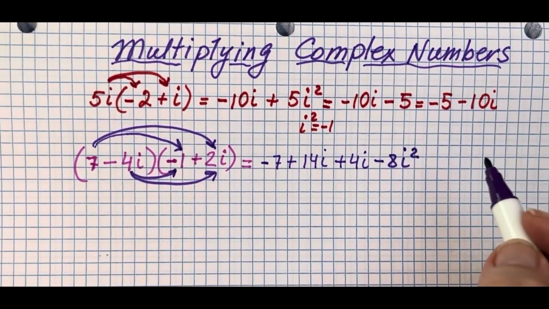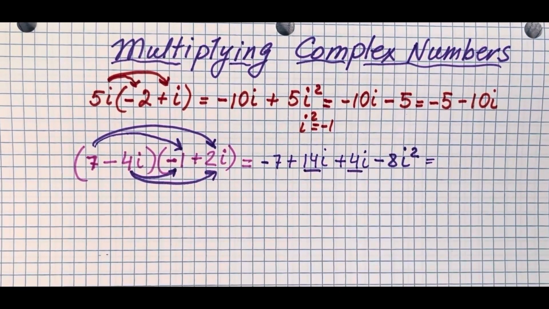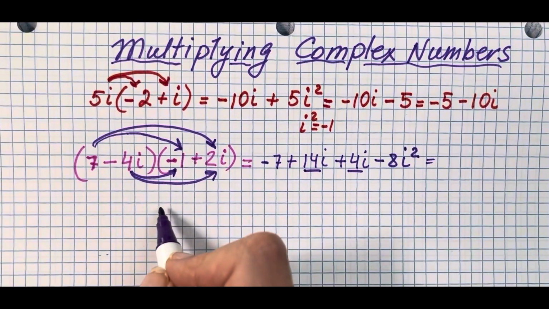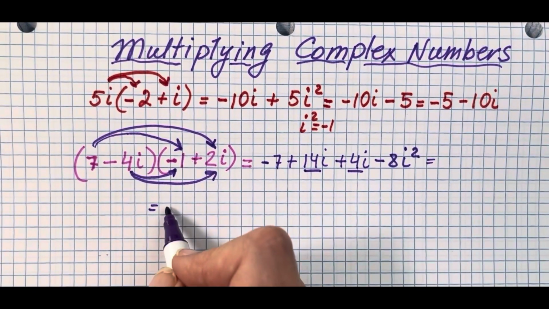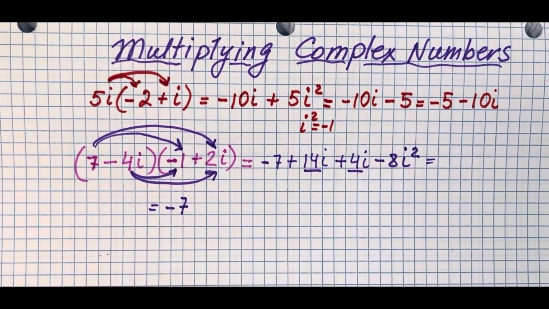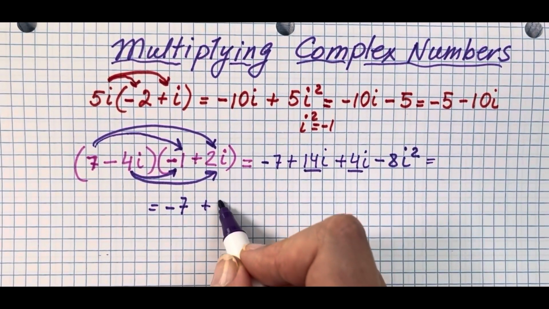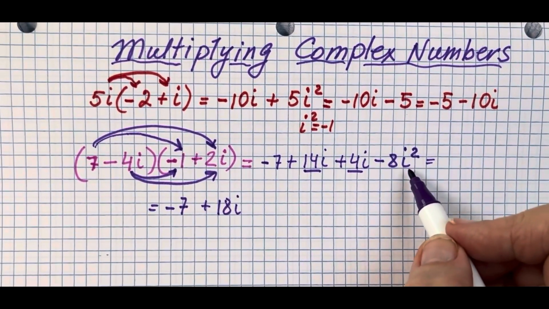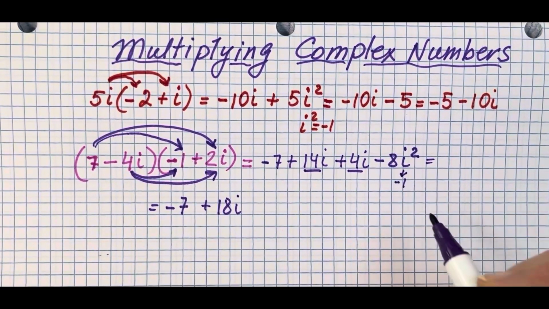Beautiful. First of all, we can combine like terms already on this step. Let me continue here. At this time, I will just rewrite negative 7. We're going to combine 14 and 4, which gives us plus 18i. And pay attention that i squared equals negative 1.